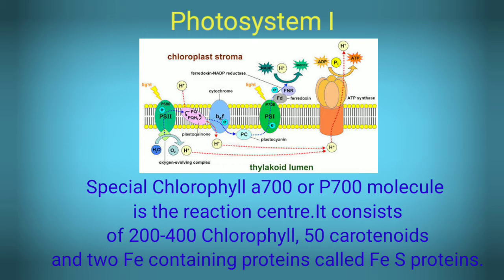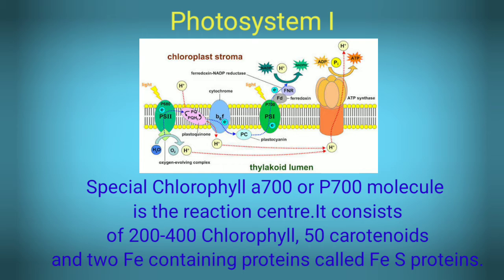Therefore this PS1, the photosystem 1 complex, is also called P700. Why? Because this chlorophyll A present in the PS1 can absorb the light spectra up to 700 nanometer. This chlorophyll A is a special chlorophyll molecule that absorbs visible light near the 700 nanometer wavelength.